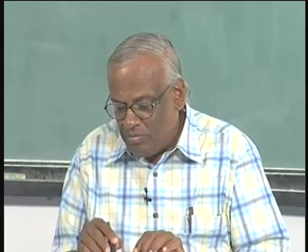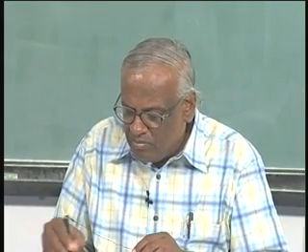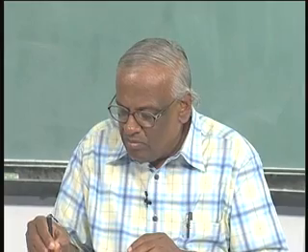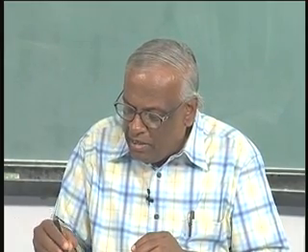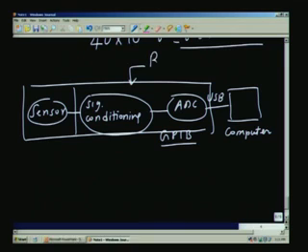So, this portion, or at least this portion, can be in the form of a board. When I say a board, it is a printed circuit board or a PCB. In many of the versions of the National Instruments supplied hardware, this comes in the form of a board which goes into a slot.